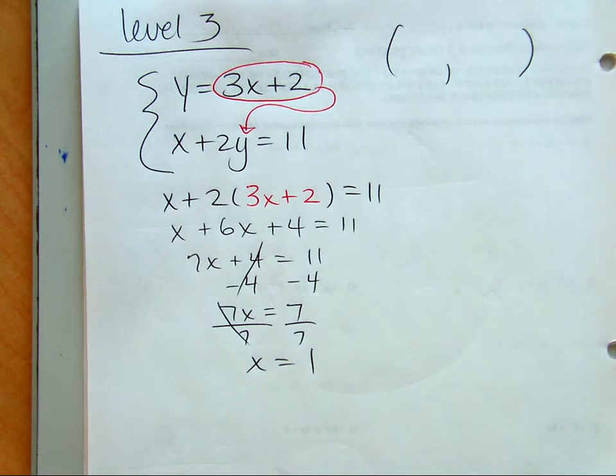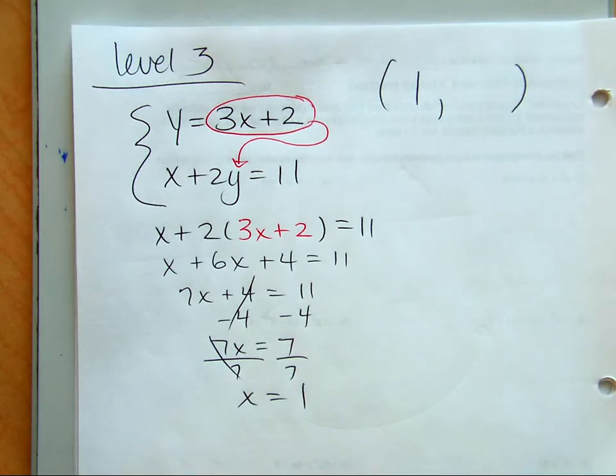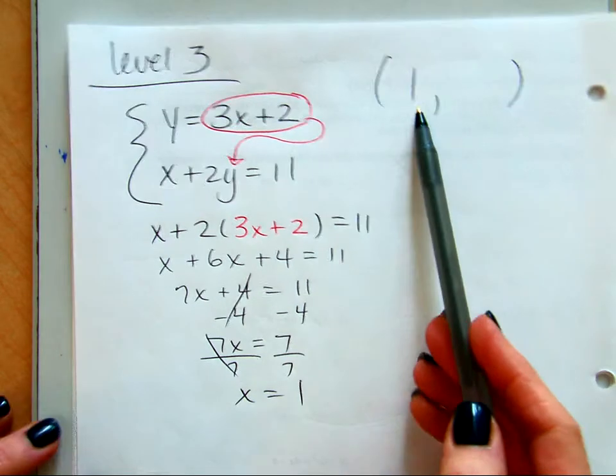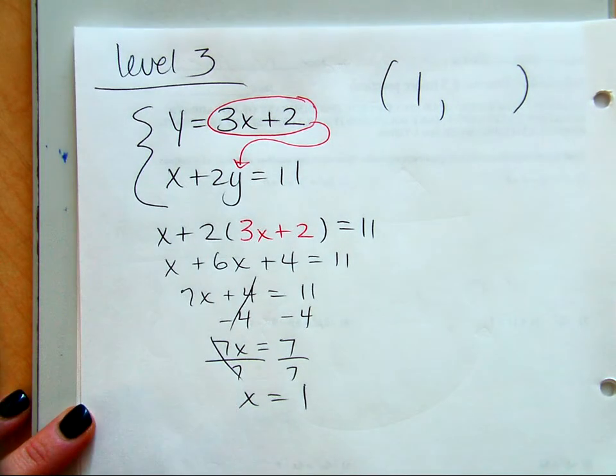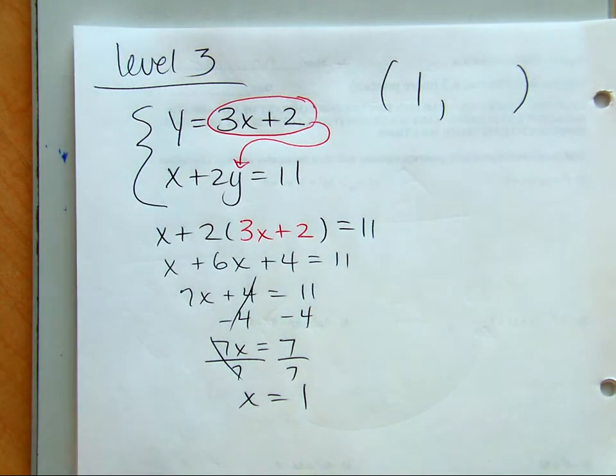I know half of my answer, because my answer should consist of an x coordinate and a y coordinate, and I found the x out, and once I have one of them, I use it to find the other one. So you have a choice. Where are you going to put that x? I don't care. Put it here or here. You'll get the same answer. Which one's a little bit less work?